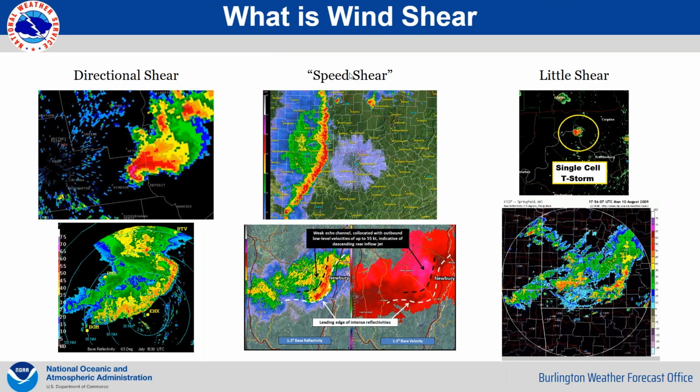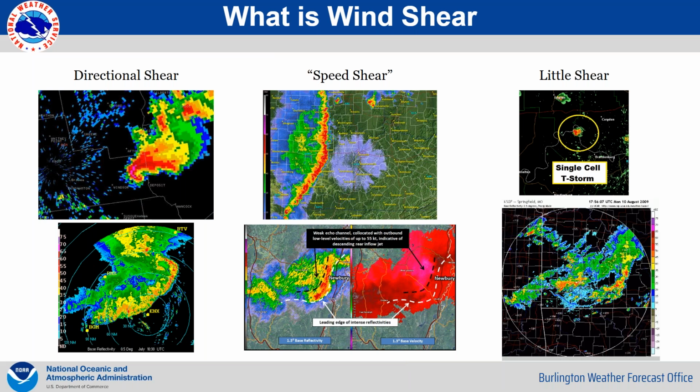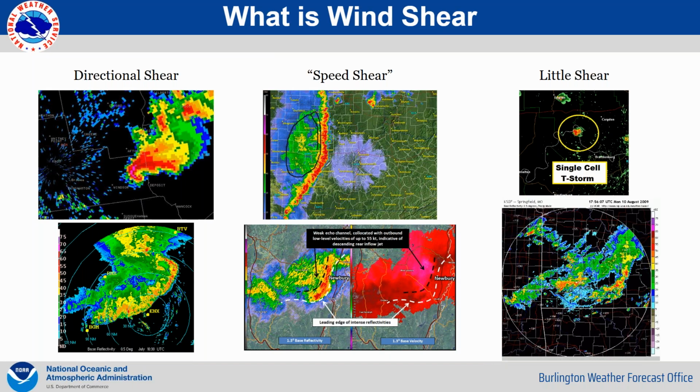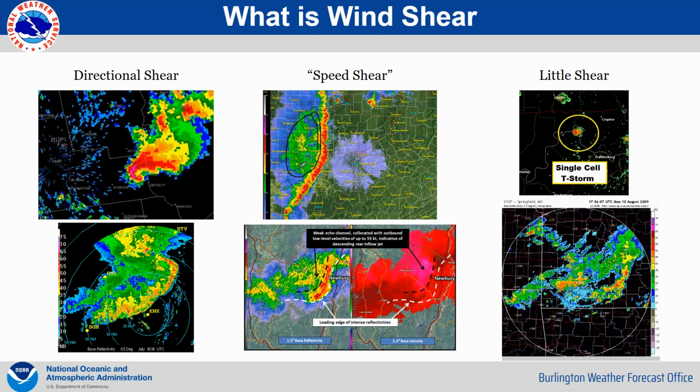Speed shear, this is what the radar signature looks like for speed shear, where you have these long lines of thunderstorms. And on the back side of these thunderstorms, if you're ever looking at radar, this is what you'll see. Usually there's no returns behind it, but there is an area where there's still some level of return back behind the line of thunderstorms.